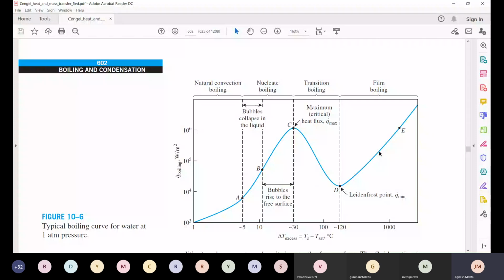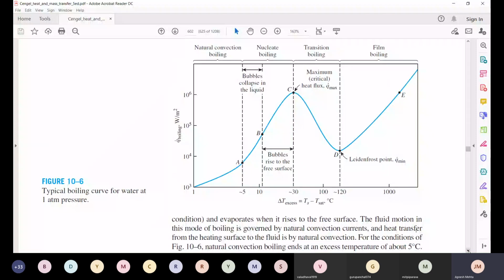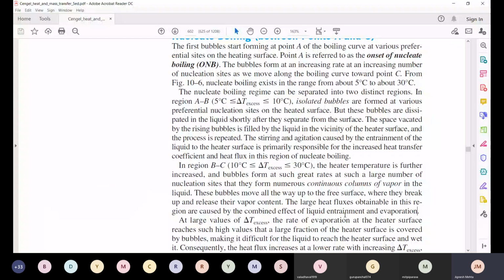Now there is a certain limit up to which you can increase the temperature because you might reach the melting point of the metal which you are using for heating. So beyond that point you may not be able to go because the heater itself will burn down, right? Actually, there is a video which is showing the boiling crisis, as it is called.